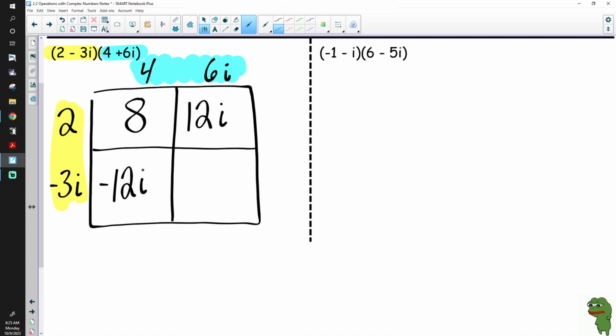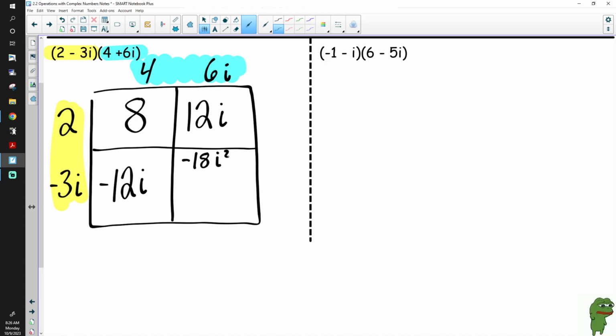And last but not least is the tricky box. We have -3i times 6i. Negative, watch, I'm going to write small and you'll see. Negative 18 i to the second power. But we're not done because what does i to the second power become?